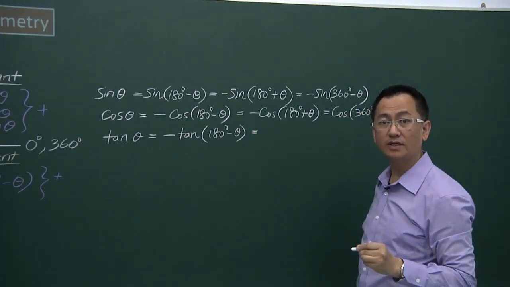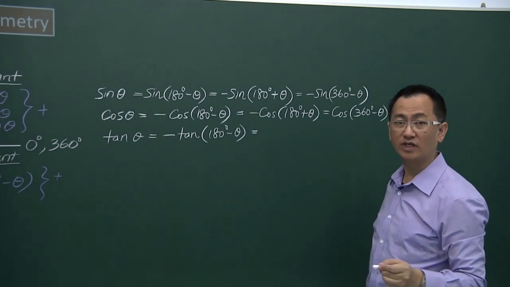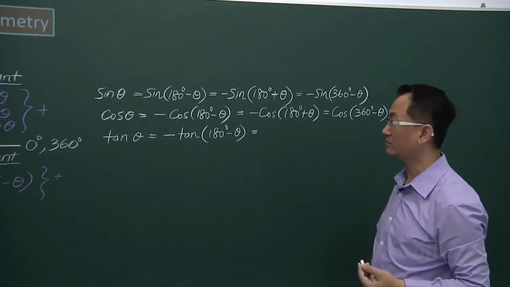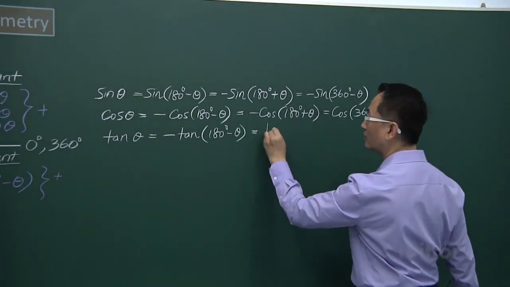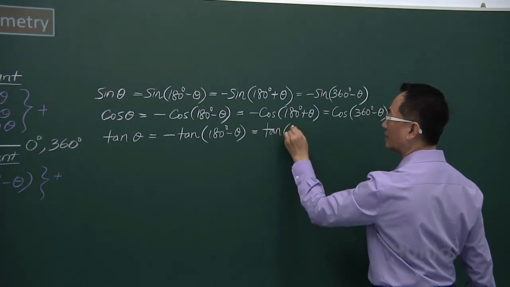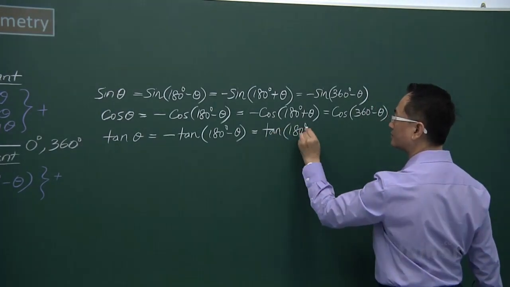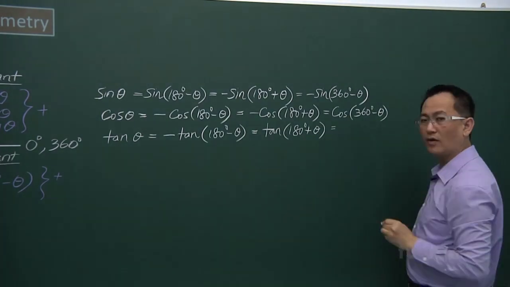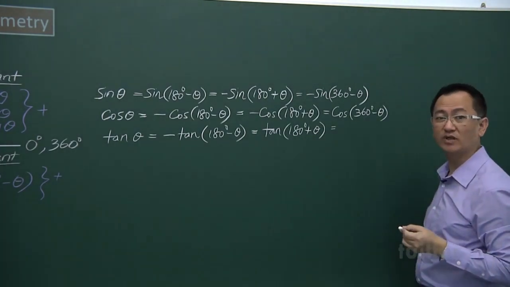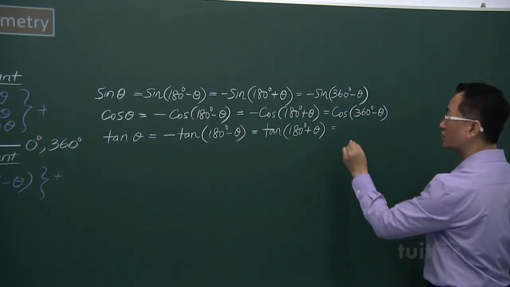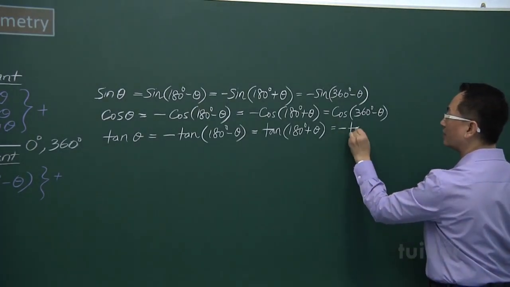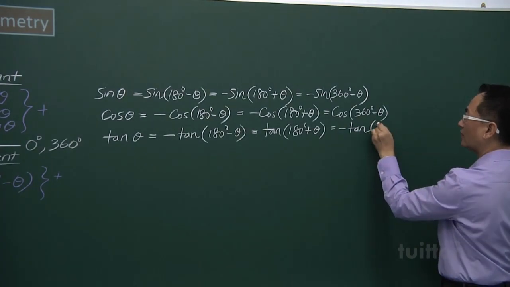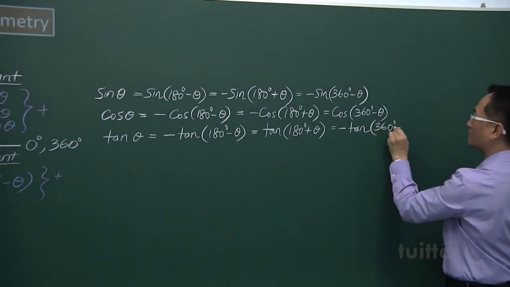In the third quadrant, the tangent function will give me a positive result. So I will have tangent the third quadrant angle. In the fourth quadrant, the tangent function will give me a negative value. So I have negative tangent 360 minus theta.